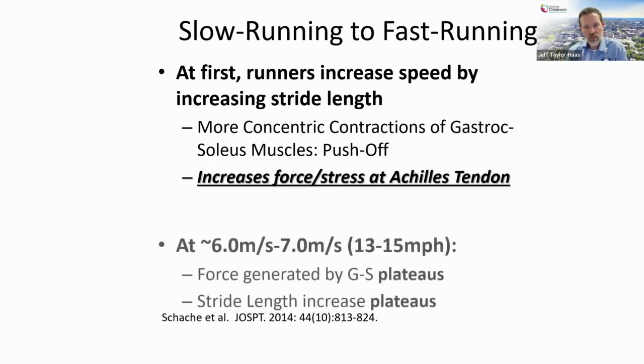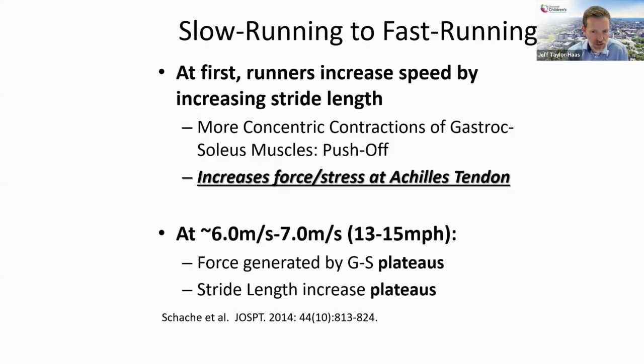Now, once we get to about 6 to 7 meters per second, which is 13 to 15 miles an hour, force generation of the calf muscle plateaus. And if you think about it, on an isokinetic machine, if you're measuring torque, we get peak torque values at the slowest speeds, because at the cellular level, the slower the joint motion, the greater the torque you can generate.